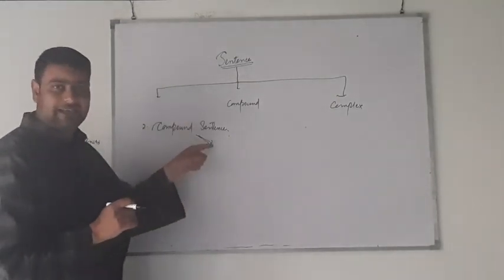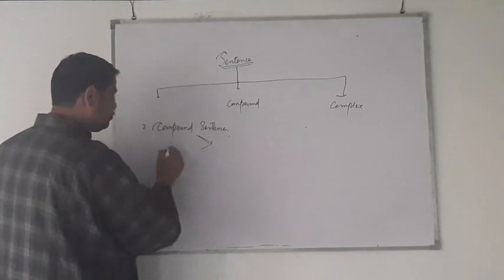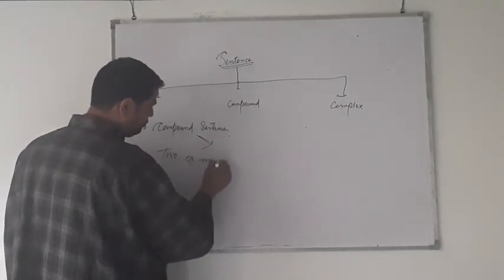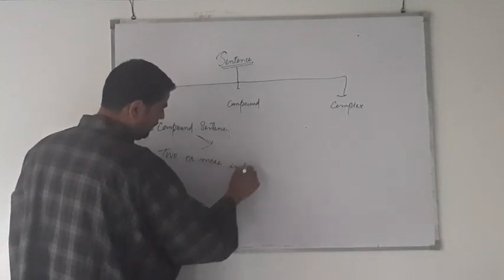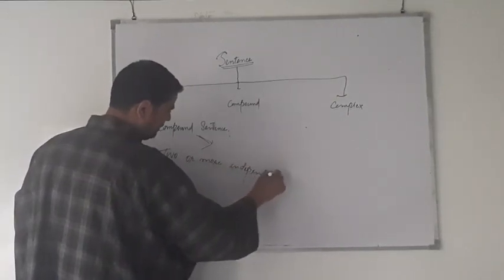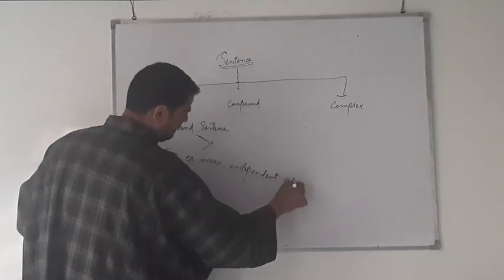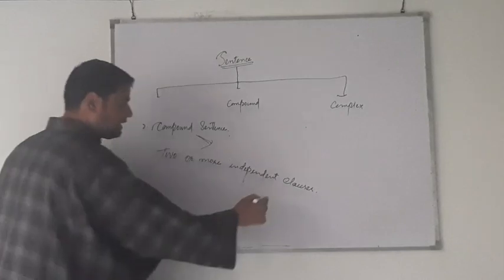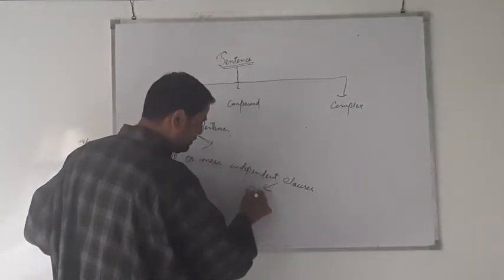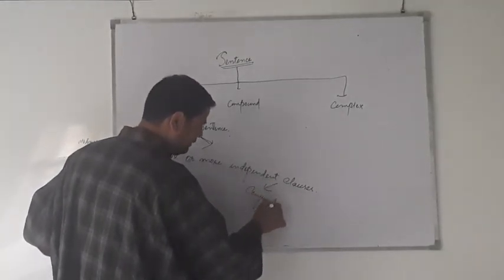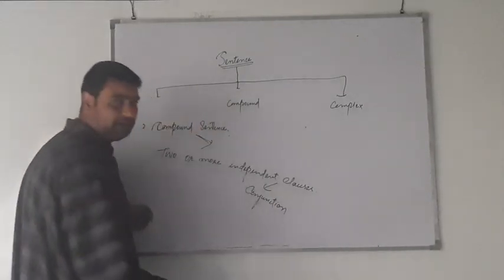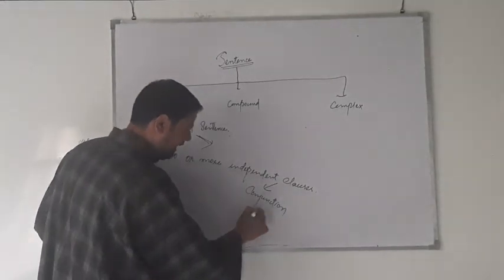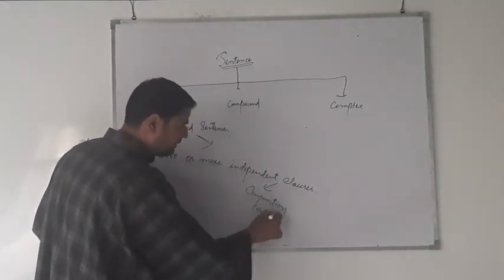A compound sentence consists of two or more independent clauses, and those clauses are joined by a conjunction. You know conjunction, simply it gives connection between two sentences. They are joined by the conjunction and.